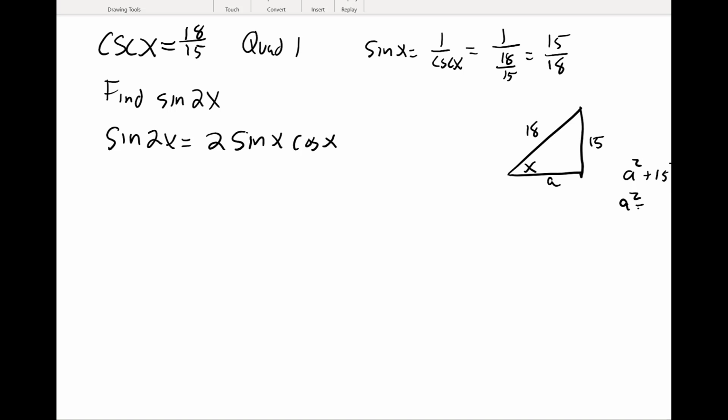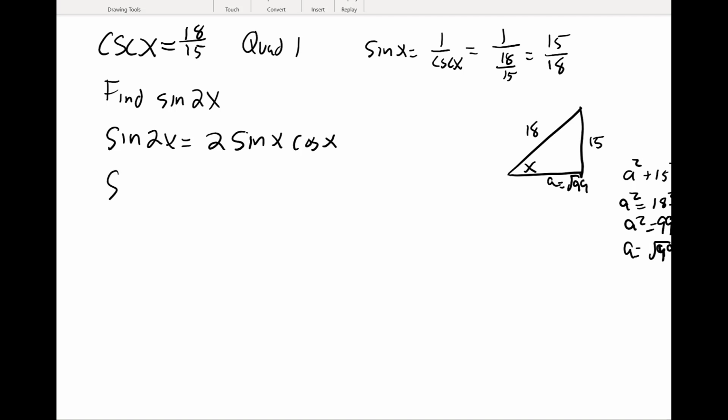A squared equals 18 squared minus 15 squared. So a squared is what? I get 99. So a would be the square root of 99. Since we're saying it's first quadrant, it'll just be positive.